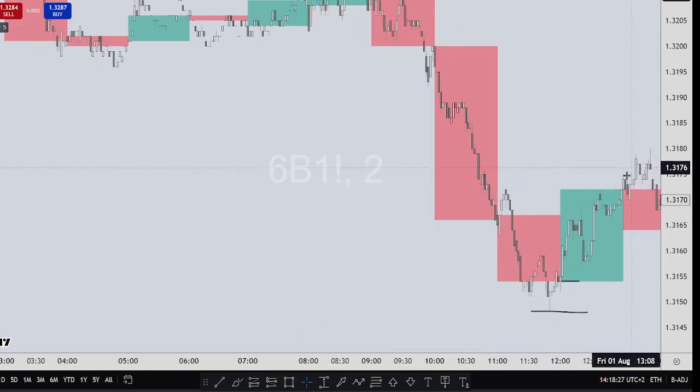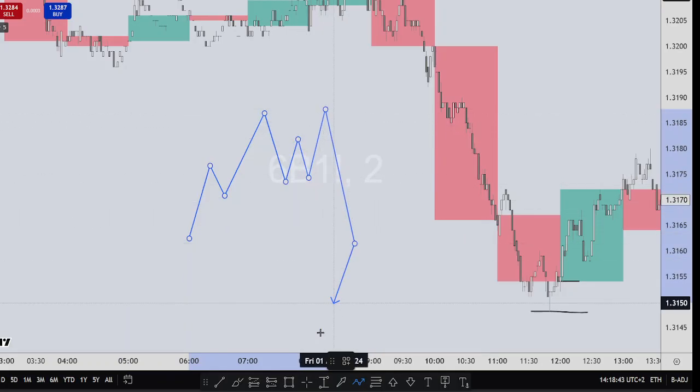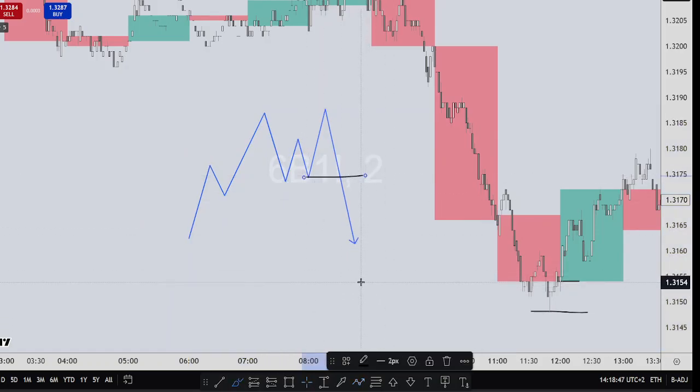It may not be obvious to you, but to me, I see boom, down, up and down, up and down. This is an upside down M pattern. This is what I see. Something like that is what I see.